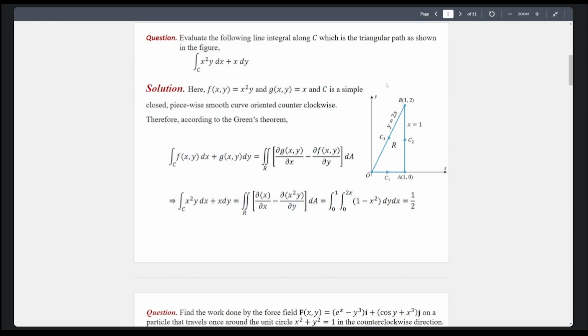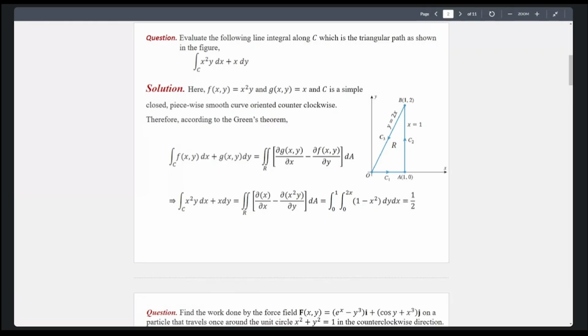However, C is now considered as a closed triangular path. Therefore, from these line elements C1, C2, C3, we see that along C1 only x is varying, along C2 only y is varying, but along C3 both x and y are varying using a relationship y equal to 2x. It goes from 0,0 to 1,2, so it is y equal to 2x.